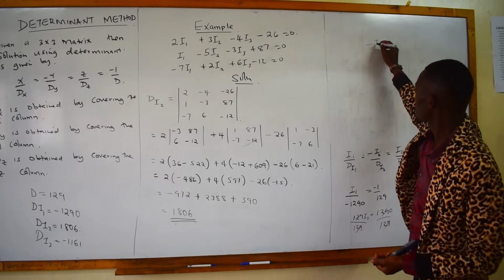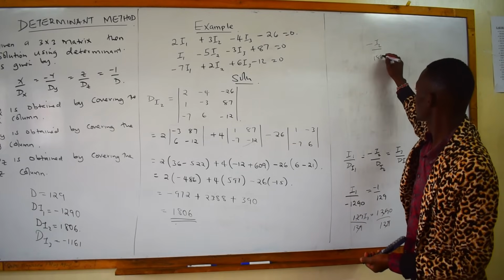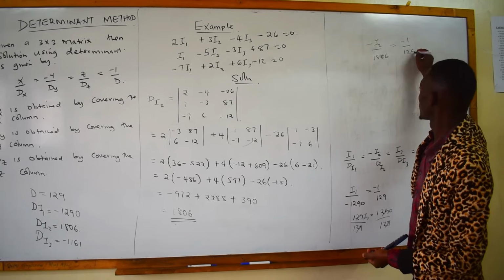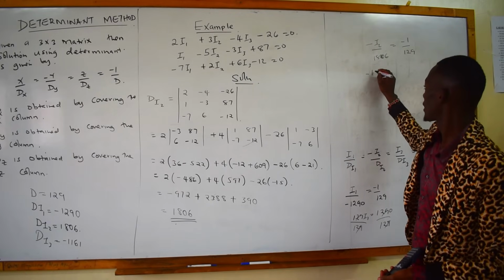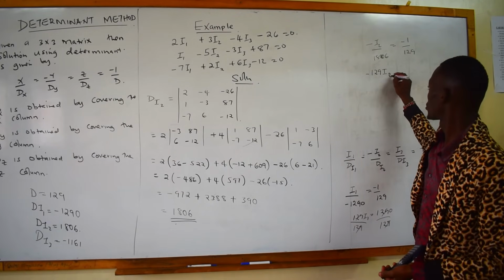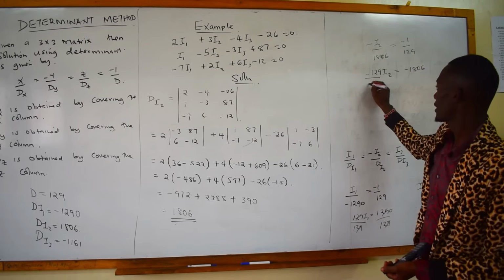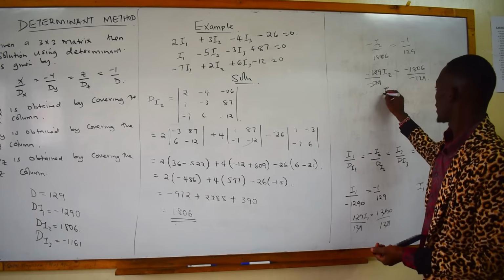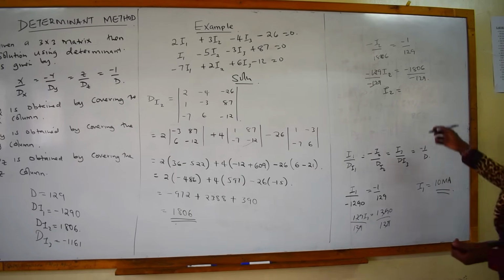So the negative of I2 over our value for DI2, which was 1806, equals to negative of 1 over D, 129. Cross multiplying again, you have negative of 129 I2 equals to negative 1806. So divide by negative 129. So our I2 value will be given by 1806 divided by 129, which gives you 14.